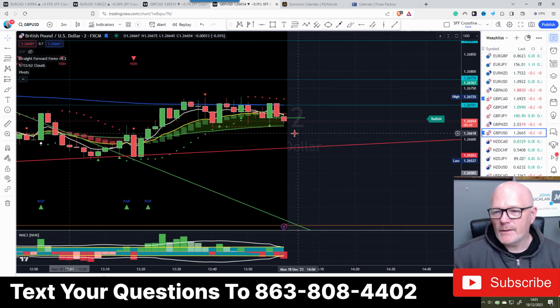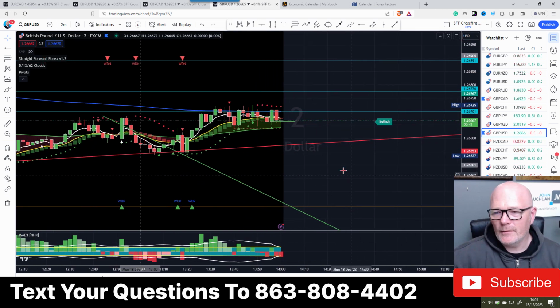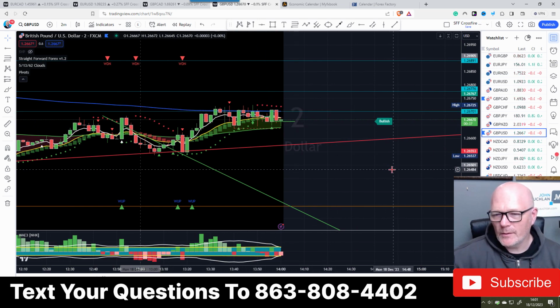Okay, pound US dollar, sideways rotation, and you can see this area of interest that we put on. Still respecting the area of interest, still respecting the 200 moving average, and it's neither breaking through it nor anything else. It's just nothing is happening.